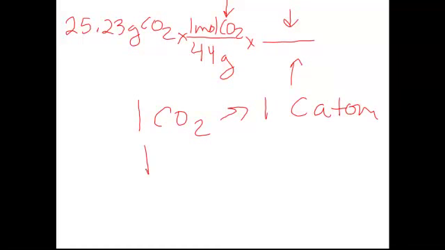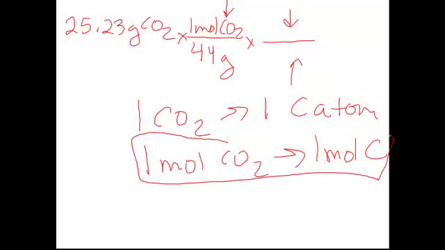So if we have 1 mole of CO2, then we also have 1 mole of carbon. So that is what we're going to use for our mole ratio. Instead of using the coefficients from the balanced equation, we're going to use the number of atoms in the actual formula. So 1 mole of CO2 has 1 mole of carbon in it.